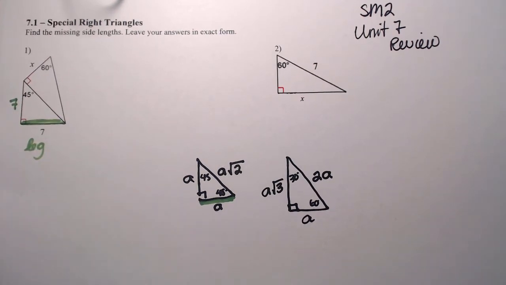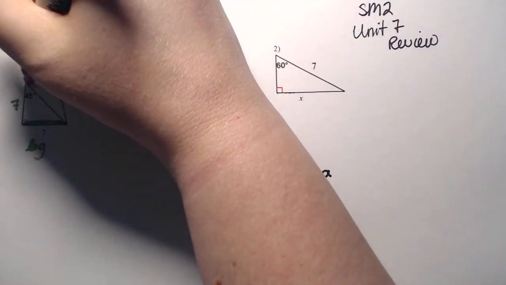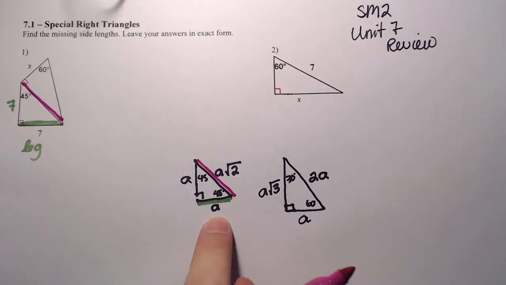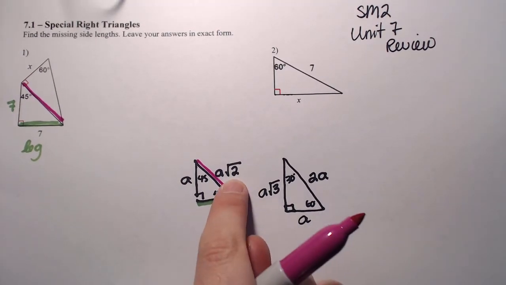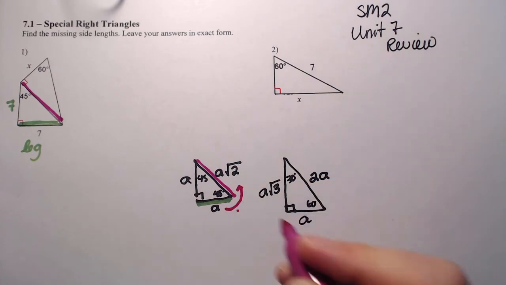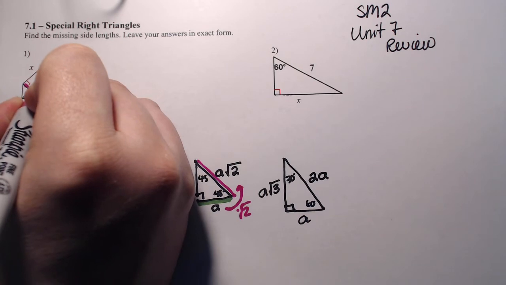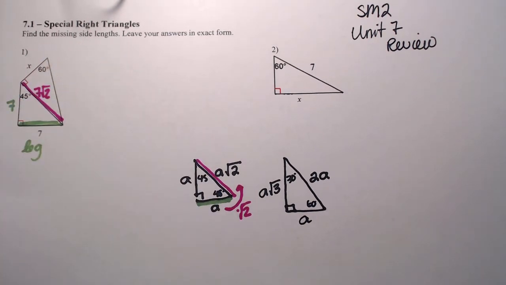Doesn't really help me though. I'm going to find that the hypotenuse is whatever 7 times the square root of 2 is. So when we're getting bigger, we multiply, and this is what we're multiplying by. So I have 7 square roots of 2 here for that side.